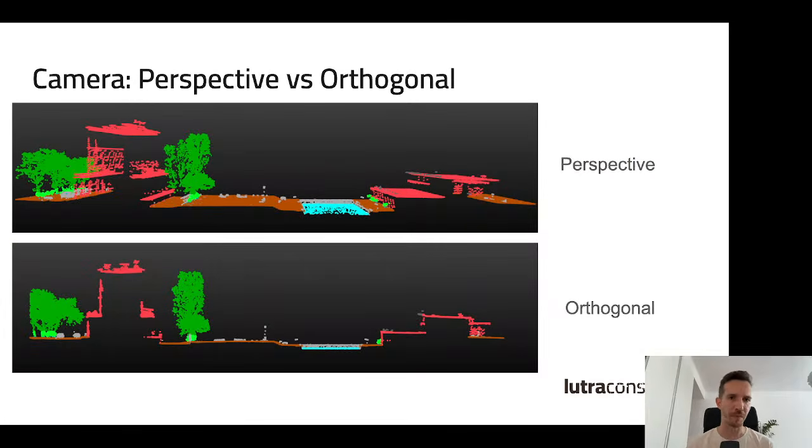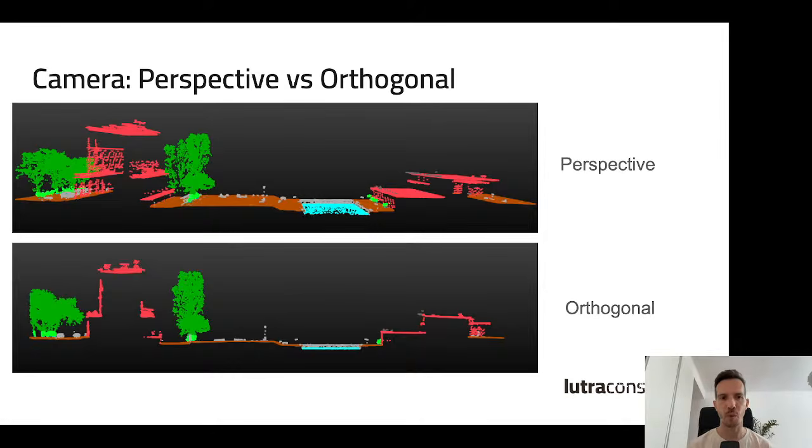Cool. So in 3D map views, we have already for a couple of releases had support for cross sections. Especially in cross sections, it's very useful to have an orthogonal camera rather than the perspective one that is maybe more common for general use.